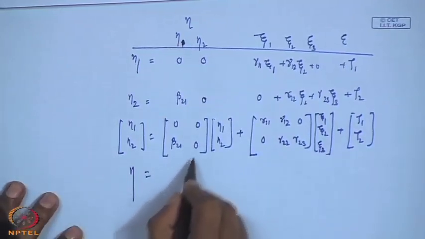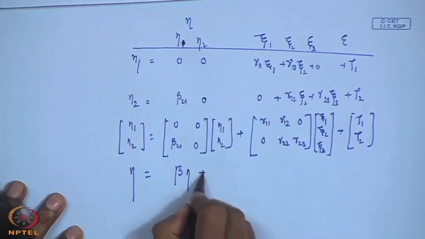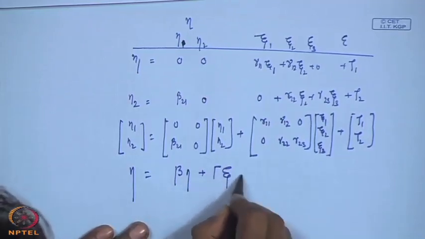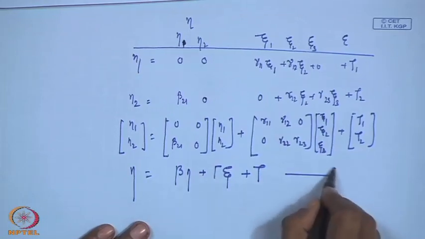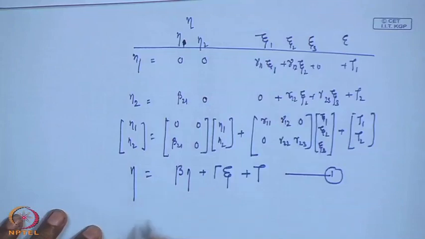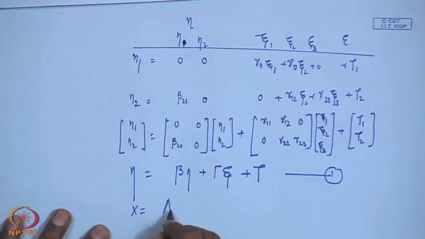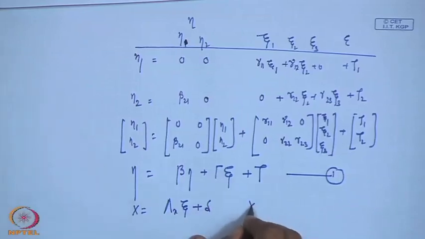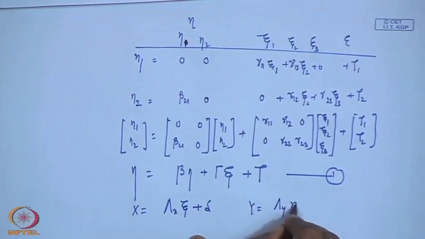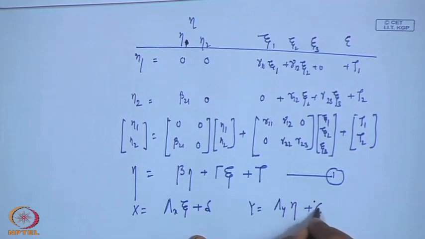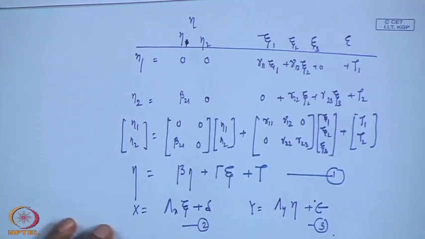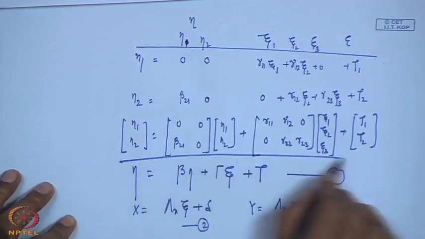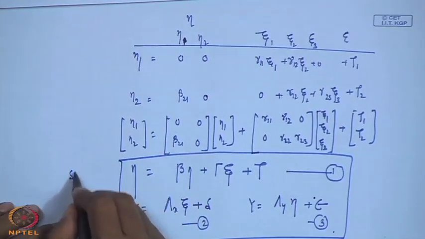So, eta equal to beta eta plus gamma xi plus zeta. This is one equation. The other two equations are x equal to lambda x xi plus delta, and y equal to lambda y eta plus epsilon. This is equation number 2 and equation number 3. So this is my structural SEM model.